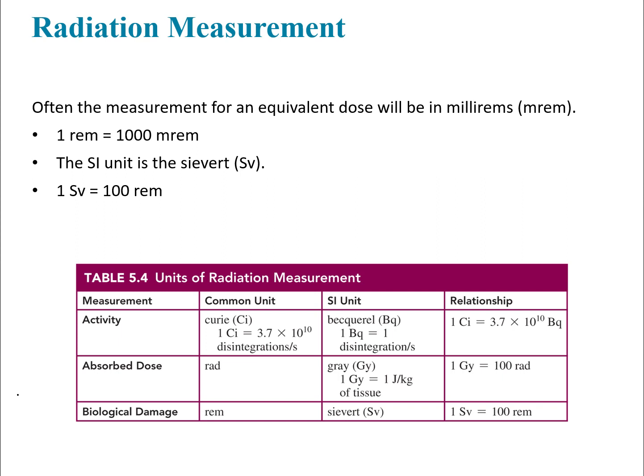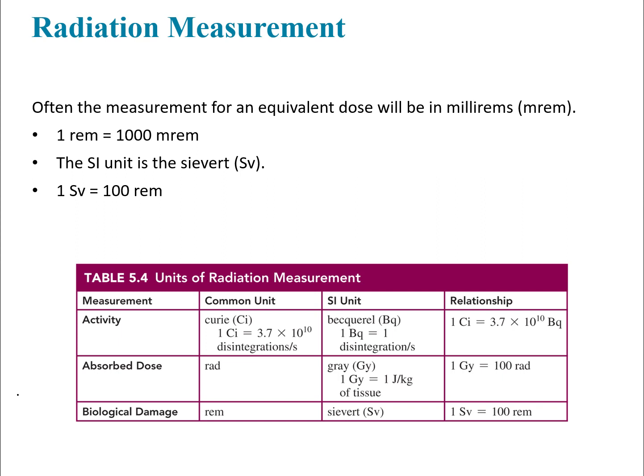And you can measure how much radiation a person has absorbed in their body. You can measure the activity, which would be if you're trying to do some kind of experiment and you're using a radioactive isotope. Measuring the activity would tell you how much of that isotope you have. So radiation measurements are very important.